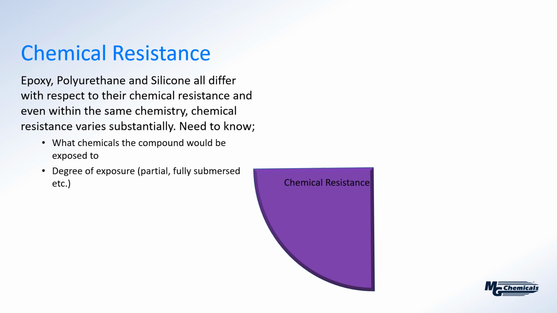And things we need to know is, okay, what specific chemical would the compound be exposed to? Because if it's something that all three chemistries would be able to hold up to, then the improved chemical resistance really isn't or shouldn't be a factor in our decision because it's somewhat null based on every chemistry meeting the certain threshold.